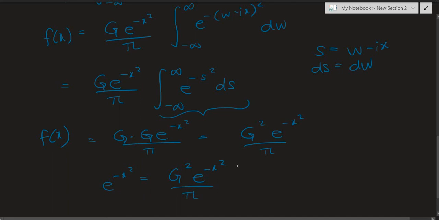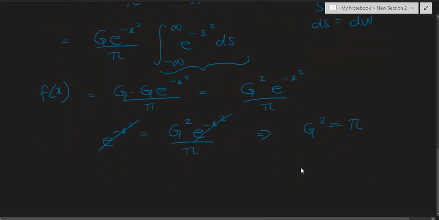Now notice that these two terms will cancel out nicely. So on cross multiplication g squared equals pi, and taking the square root on both sides, g is square root of pi. And this makes sense because g was our complete Gaussian integral this time, the integral from negative infinity to positive infinity of e raised to negative x squared dx, and that just equated to square root of pi.